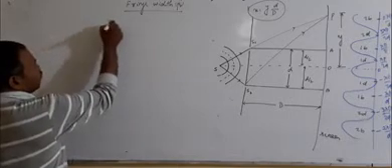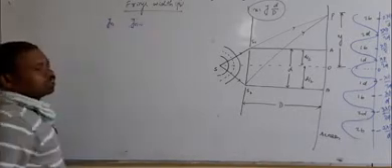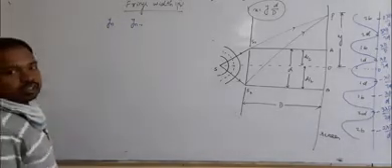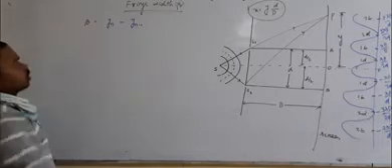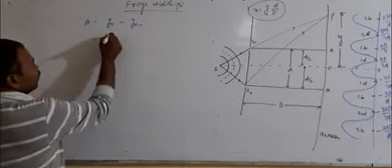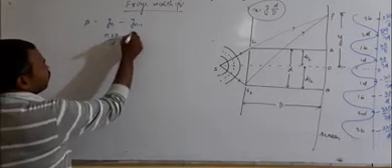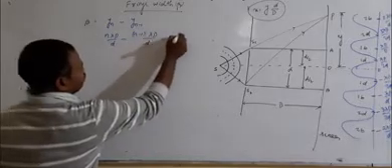Suppose I am taking yn is the nth maxima, yn minus 1 is the n minus 1th maxima. Between two consecutive maxima, a minima is there. So fringe width beta is equal to n lambda D by d minus (n minus 1) lambda D by d, which equals how much?